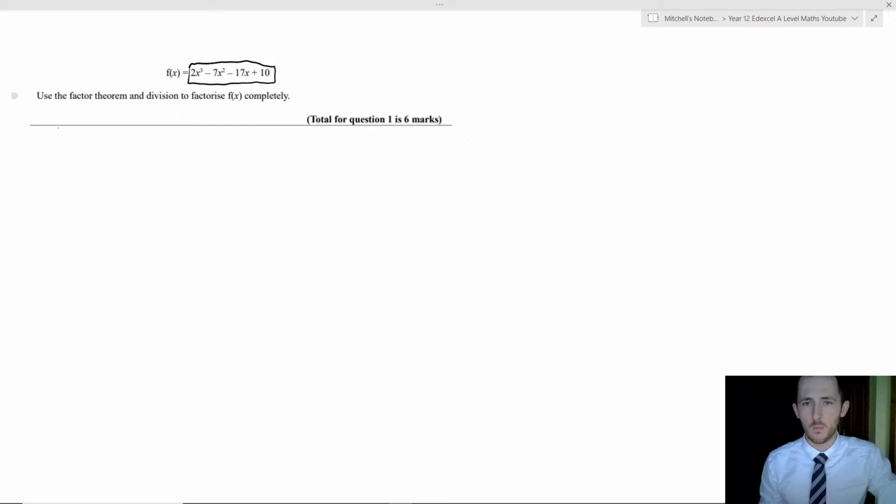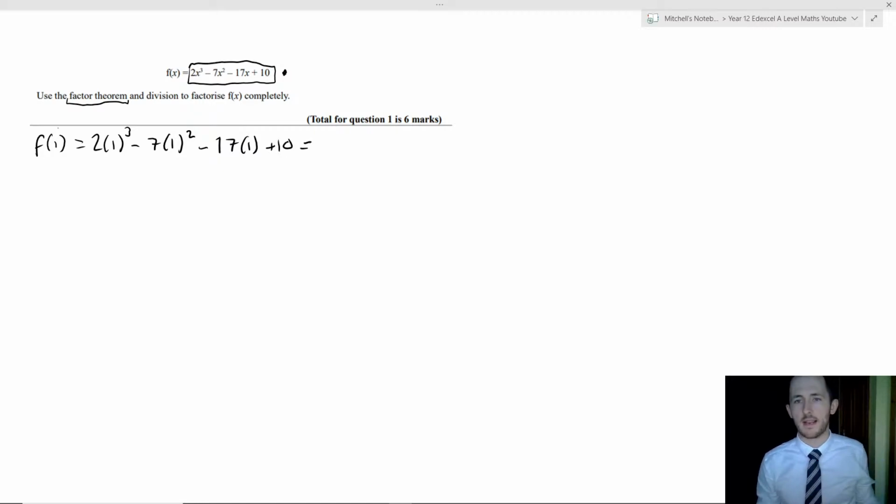So first I need to figure out, using factor theorem, what will divide this function without a remainder. And what we do is we simply substitute in values. So let's take f of 1, for example. If I sub in f of 1, I get 2 times 1 cubed minus 7 times 1 squared minus 17 times 1 plus 10.